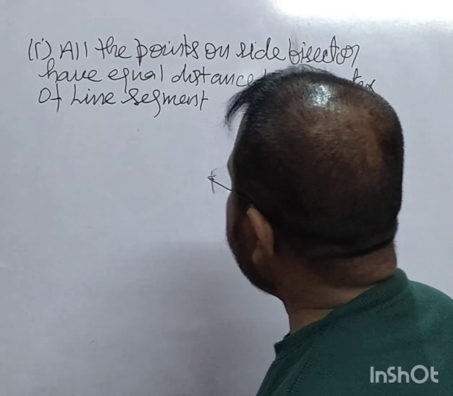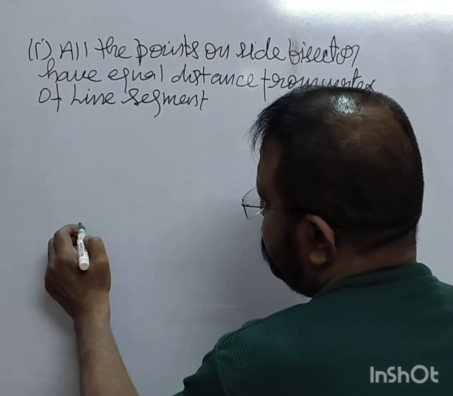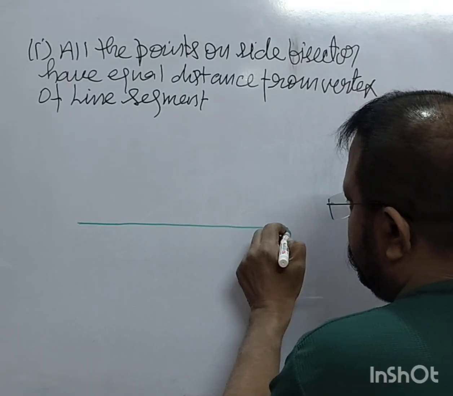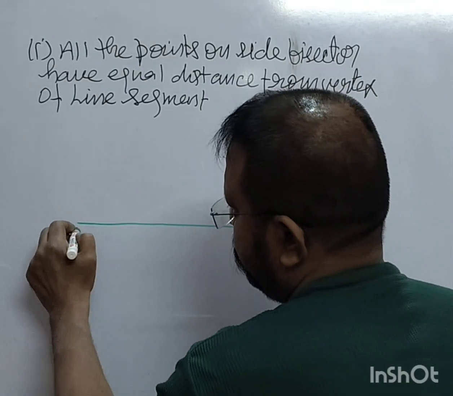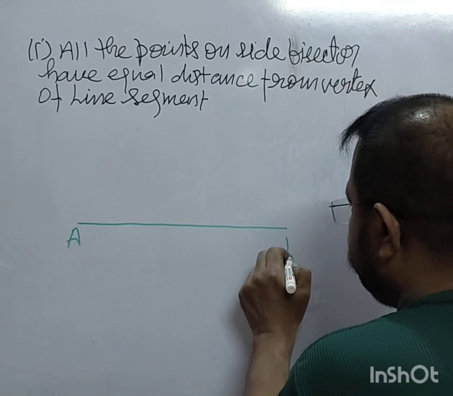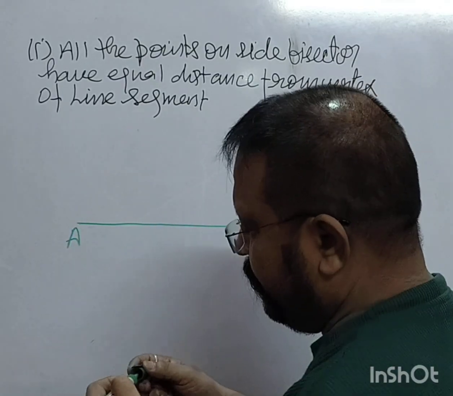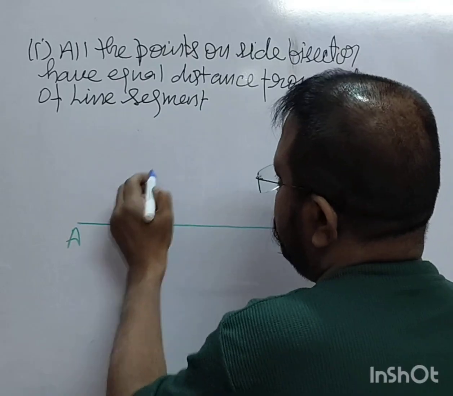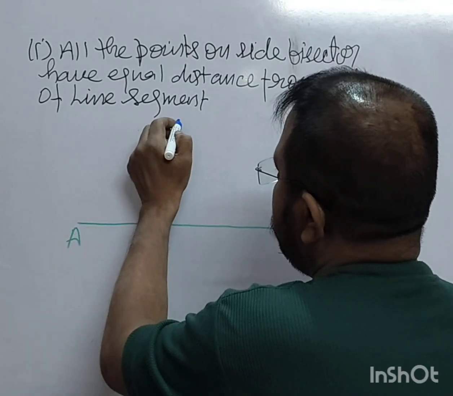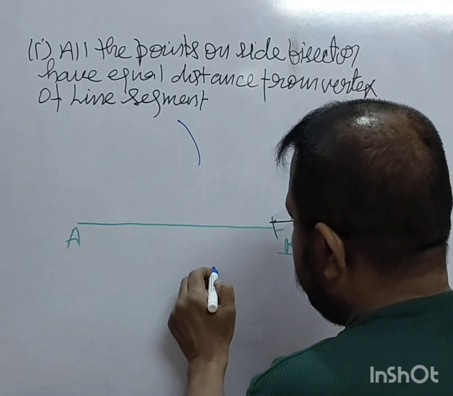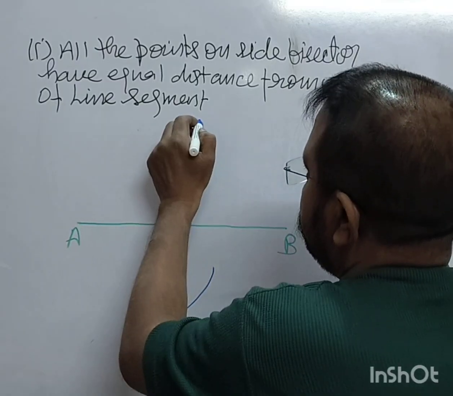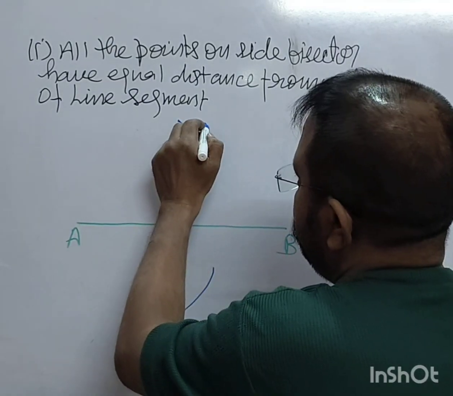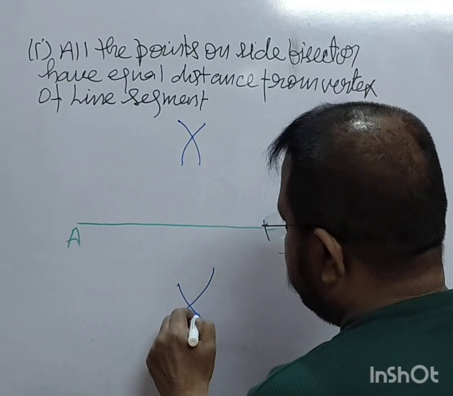So if we have a line segment AB, we draw the line bisector like this. When you put the compass from here, it is like this, and like this.